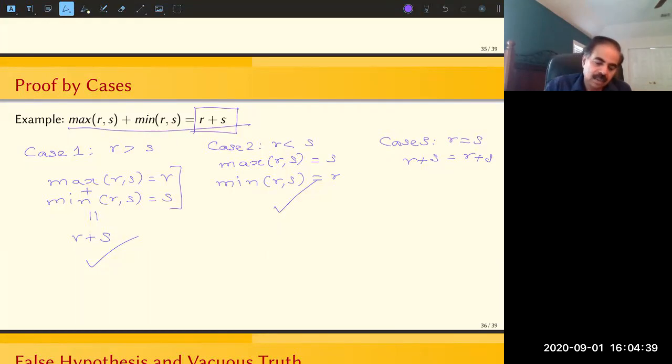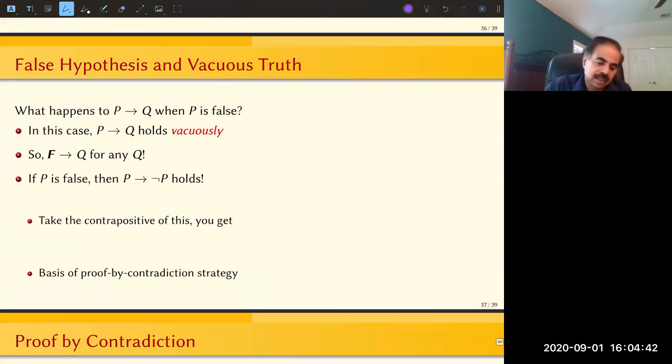Okay, so that's proof by cases. So now, what happens when the hypothesis is false? Once again, in P implies Q, P is called the hypothesis. Remember, P implies Q is the same thing as not P or Q. So when the hypothesis is false, then the implication is true.